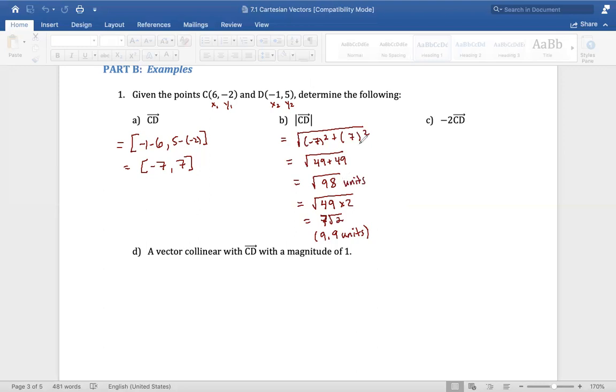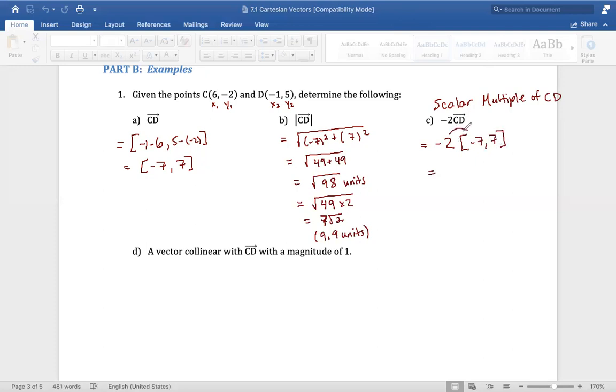So what if I have a scalar multiple of CD? Just to write out that's what that is, right? It's vector CD, Cartesian vector CD multiplied by -2. So scalar multiple of CD. Then I would literally just take -2, and I already know what my vector CD is. -7 and 7 are my components.